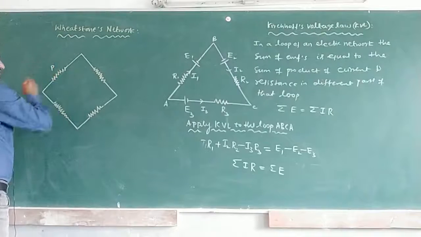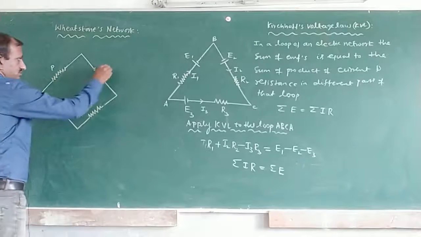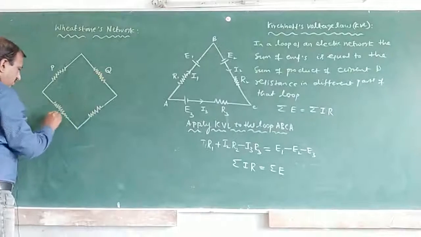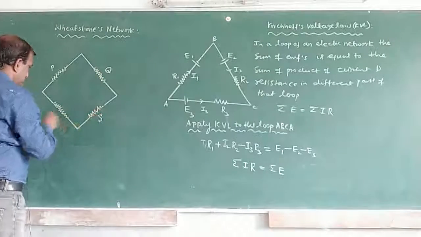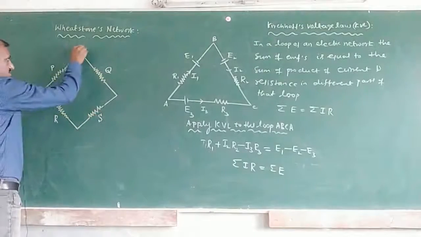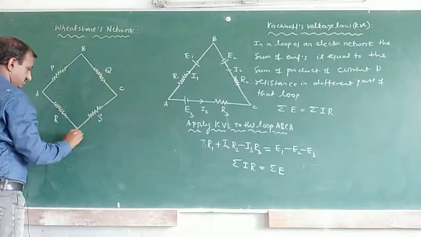This is a resistor of resistance P, this is Q, this is R and this is S. Consider this is terminal A, this is B, this is C, this is D.